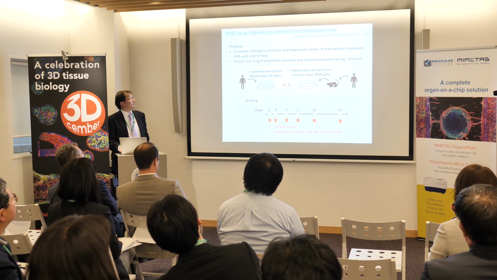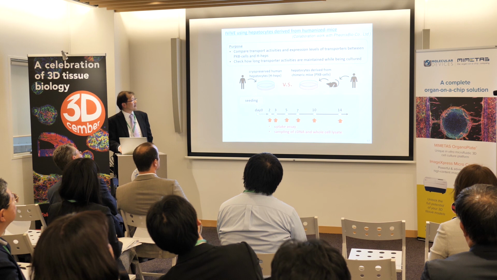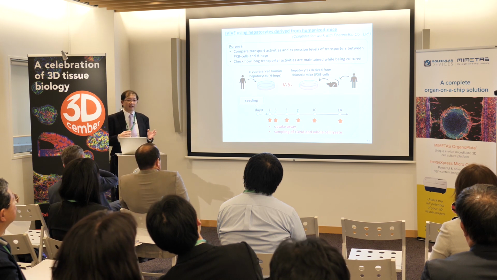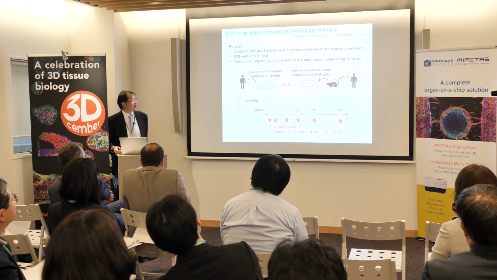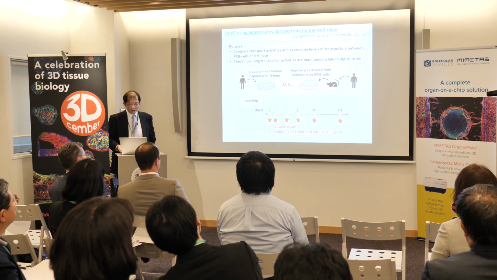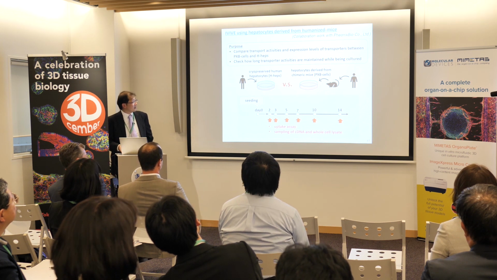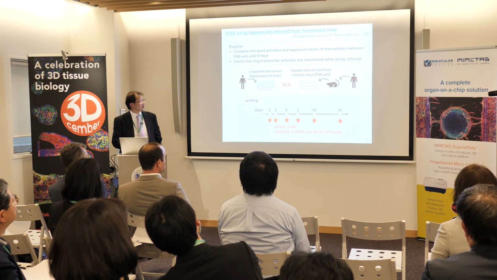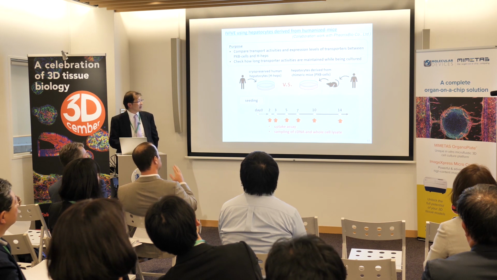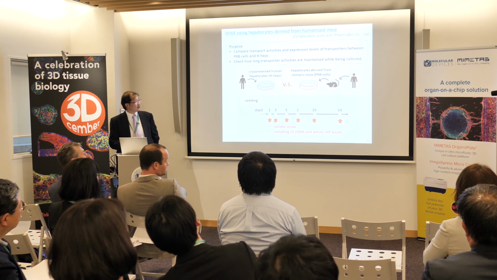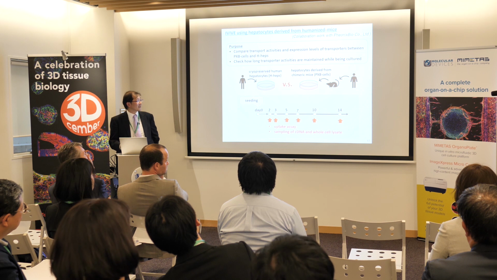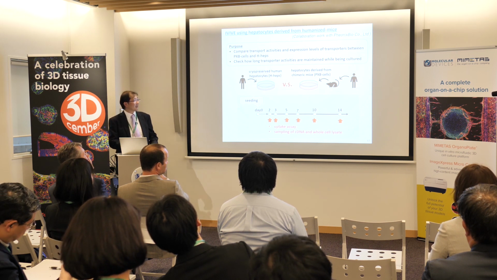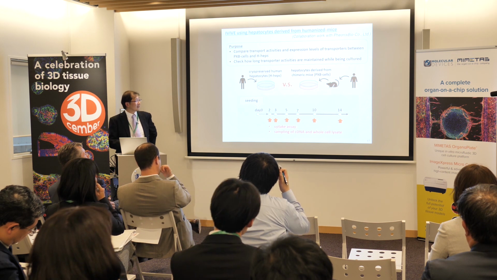The other concern we have is how hepatocytes can express the transporter genes after starting the cultivation. So we started a collaboration with Phoenix Bio, which produces human liver transplanted chimeric mice in which human hepatocytes can be maintained inside the liver.